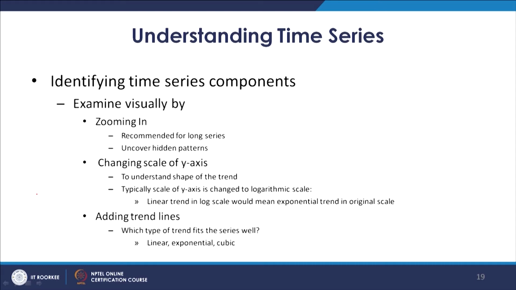If we change the y axis scale to logarithmic scale, then if there is any linear trend visible in the log scale, that would mean an exponential trend in the original scale. Sometimes in the original scale, the exponential trend is not quite clearly visible due to the nature of values taken by the series.